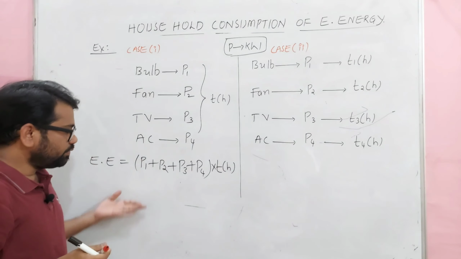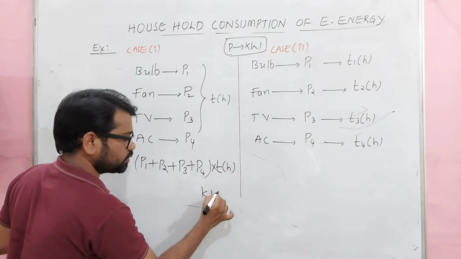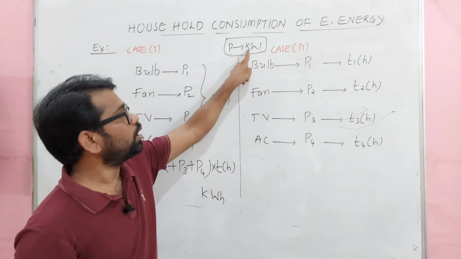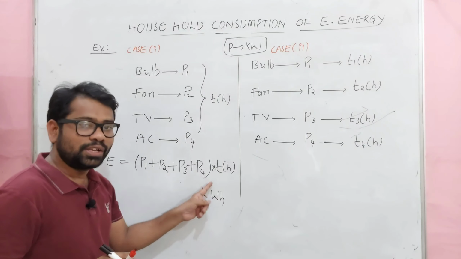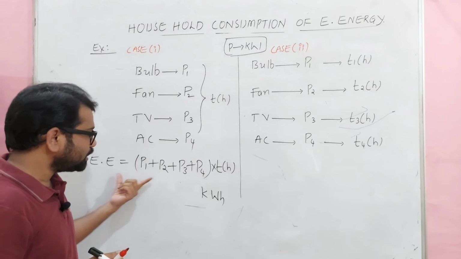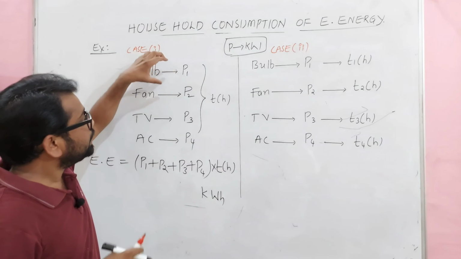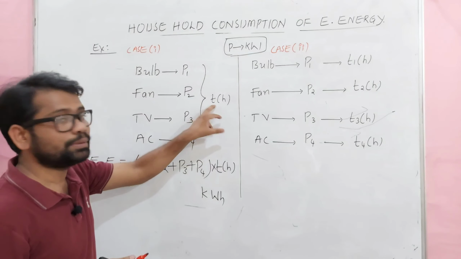That's it. So we will get the total electrical energy in kilowatt hours. But strictly, powers must be in kilowatt. If not, we have to convert into kilowatt and then add. Children, this is how we can calculate the total electrical energy consumed when different electric appliances with different powers are used for the same time.